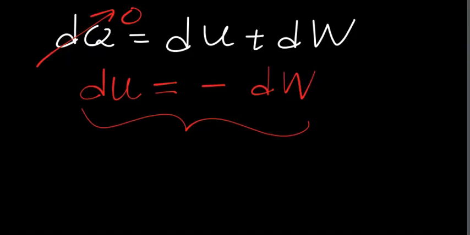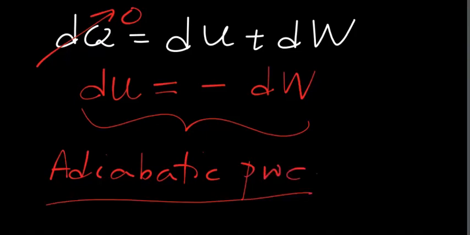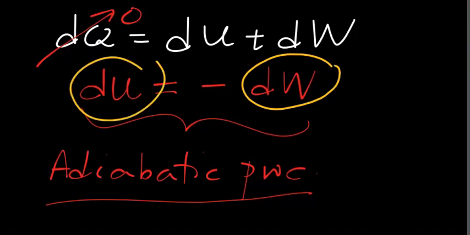This is what we know as the adiabatic process. It says that if the work done by the system is positive, then the internal energy decreases by the amount of work. Conversely, if the work done on the system is negative, then the internal energy of the system increases by that amount.